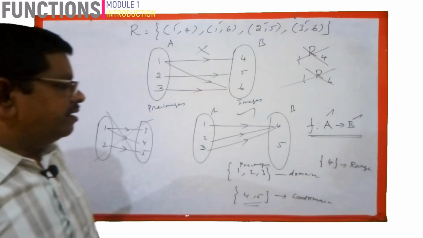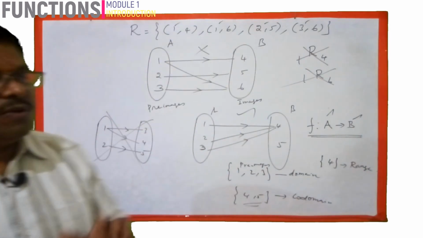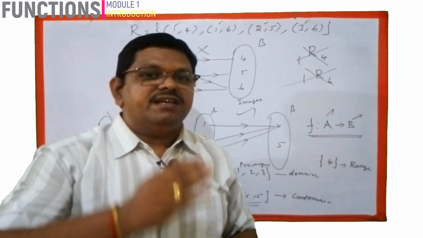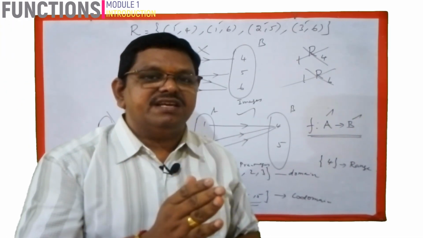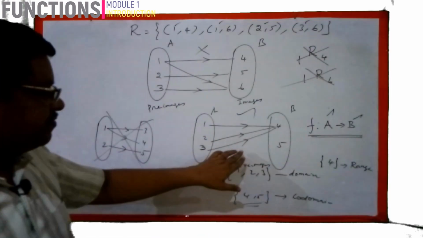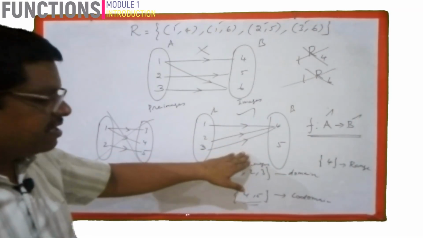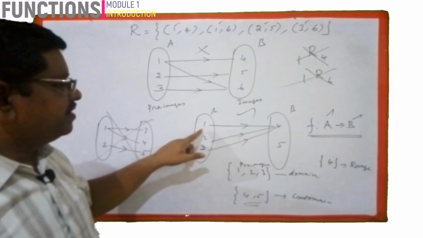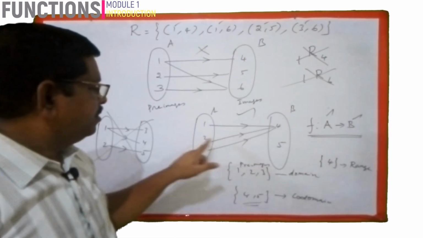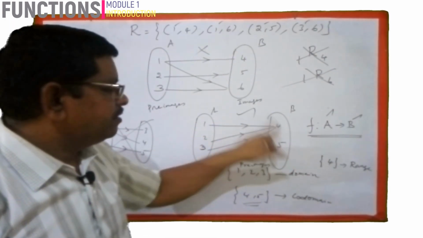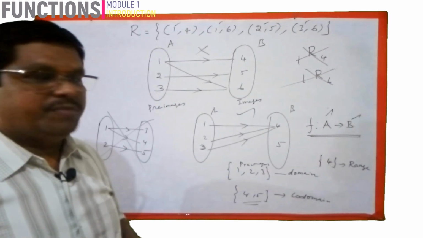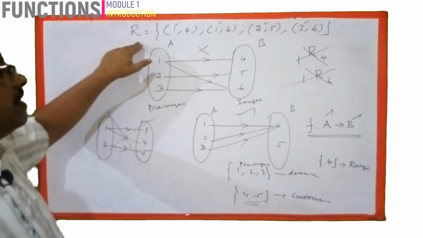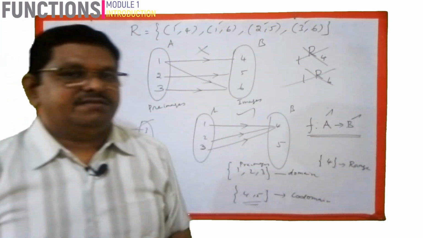Clear? So now we have come to the conclusion that every function is a relation. Here this is a function. We can call this a relation because we will get the ordered pairs (1,4), (2,4), (3,4). But every relation is not a function.